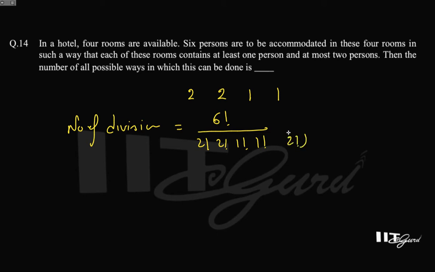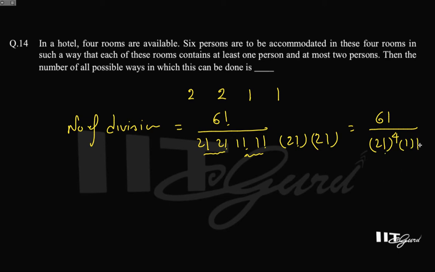So factorial 2 is there for this, factorial 2 for this, and factorial 1 for these.